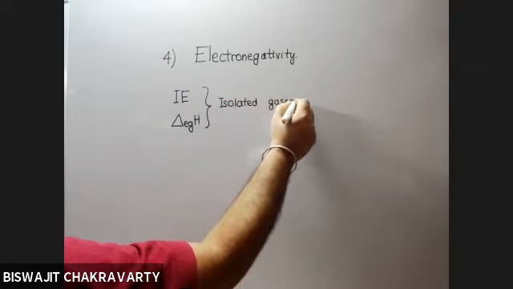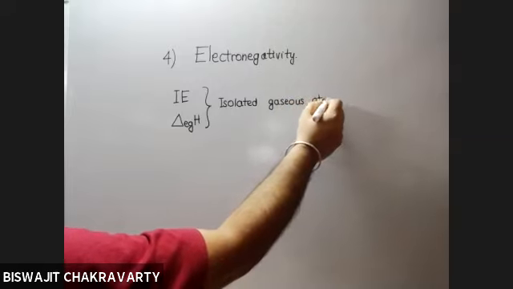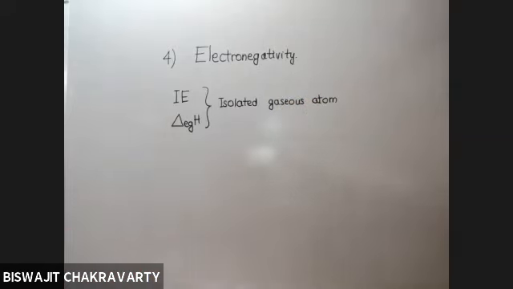Isn't it? Yes, sir. Which means that the atom must be isolated and must be in the gaseous state so that the process of removal of electron or addition of electron is not hampered by the neighborhood.